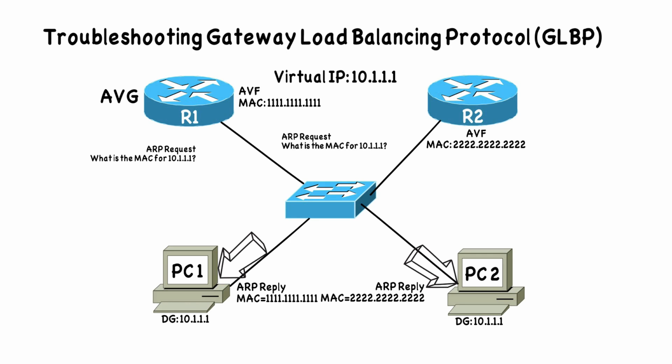And remember, we talked about tracking with HSRP and VRRP. We have tracking available with GLBP as well, and with GLBP, if we're tracking an interface or an object, what we can do is decrement not the priority of a GLBP group, we can decrement the weight of a specific AVF.